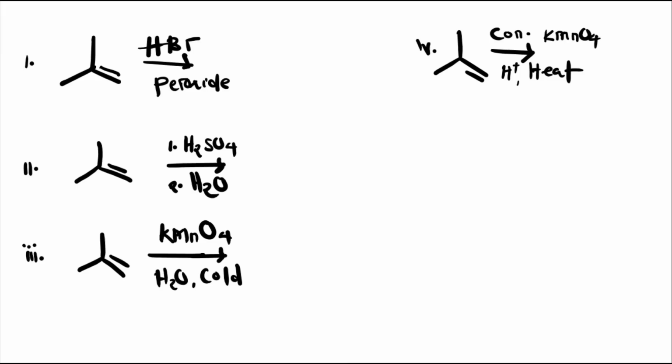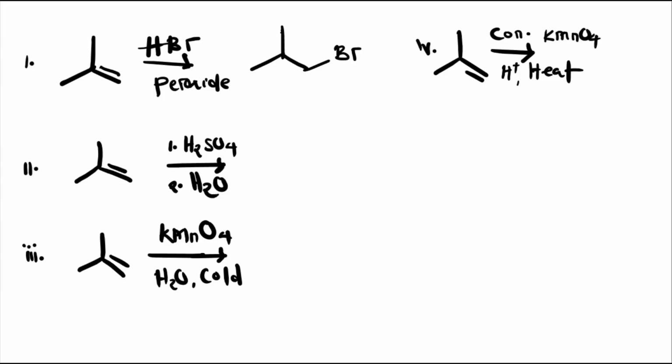When you react an alkene with hydrobromic acid and peroxide, you're going to get this product here. The bromine will be attached to the less substituted carbon of the two carbons forming the double bond. And when you react an alkene with sulfuric acid in water, what you're going to have is an alcohol.